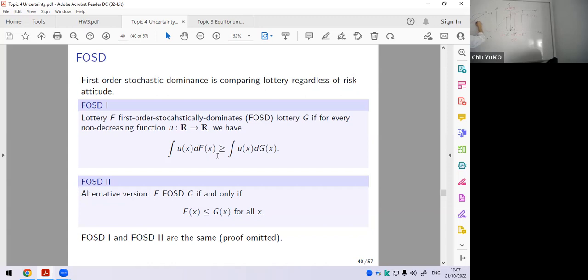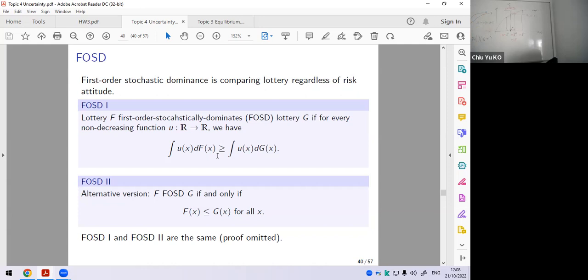So G is to the left of F. Whenever G is to the left of F, then F is better. Why? Because under F you always have more probability of getting more money, since it's less than or equal to, right? So it's more likely that you get higher money.